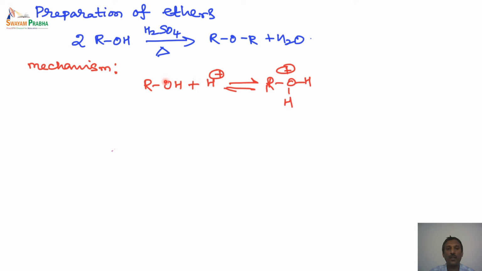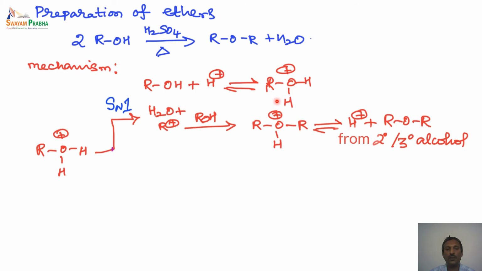The proton is added to the hydroxyl group, which forms the hydronium ion. This can lose the water molecule to produce the carbocation, and this carbocation can now react with the alcohol to produce the ROR'H+ intermediate.